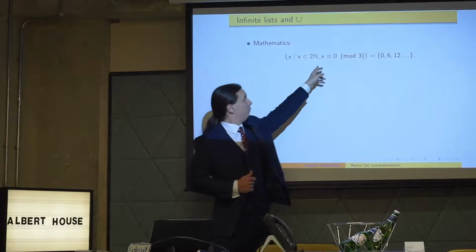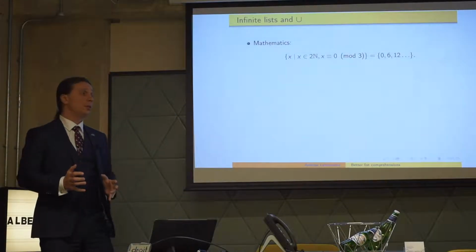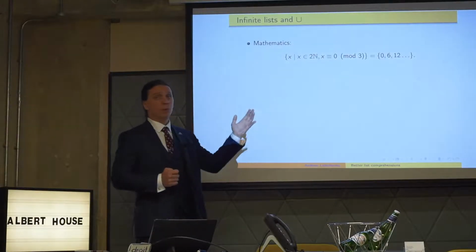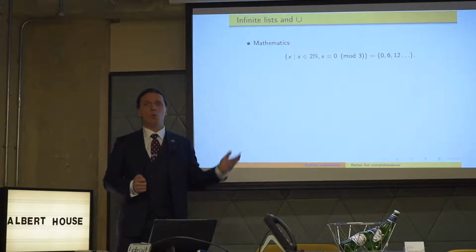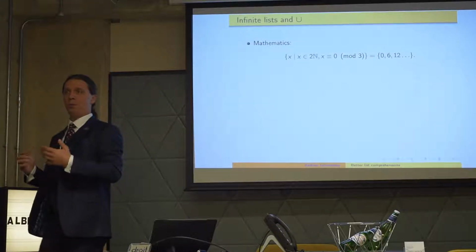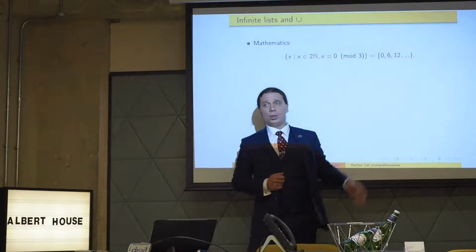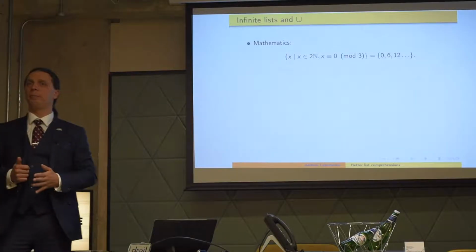And here is my filter. I say that I'm interested only in even numbers which are divisible by 3, which basically give a remainder 0 when divided by 3. And this is like 0, 6, 12, 18, 24, and so on.